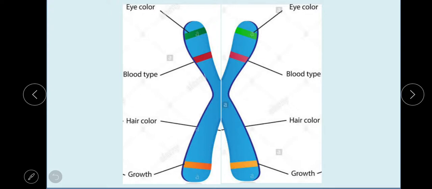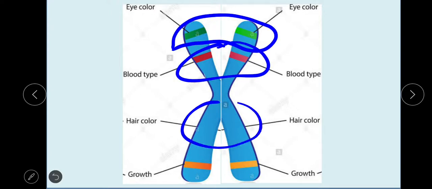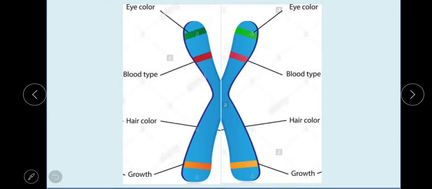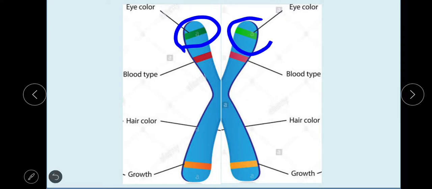Alright? Now here, as you can see, the different forms of genes. Now, genes are made up of two factors. These factors are called alleles. This allele is contributed by our mother, and this allele here is contributed by our father.